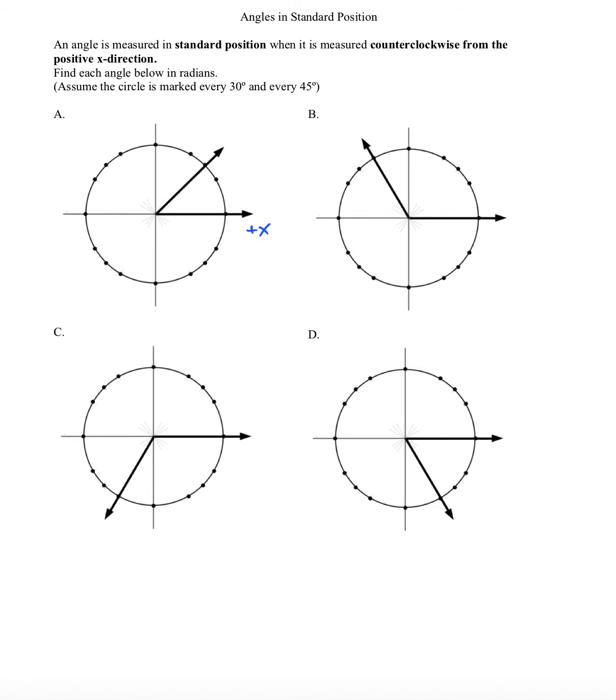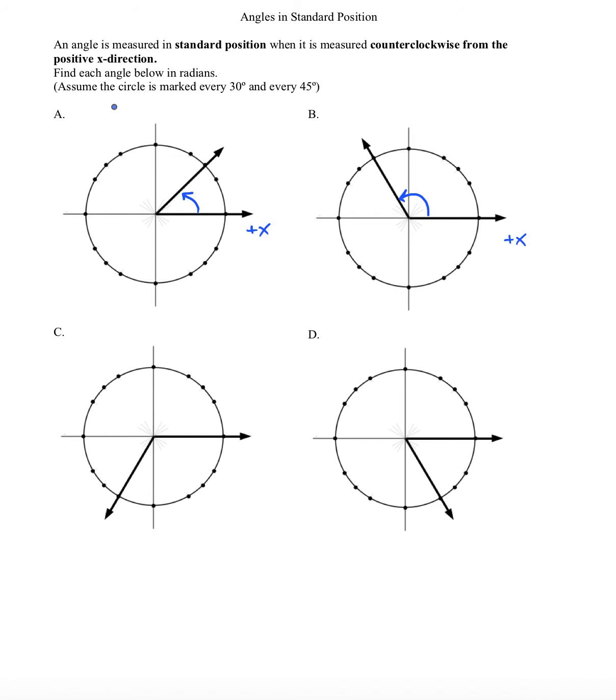So in order to do the standard position angle measurement, all we have to do is see how much rotation there has been from that point. So for this one, we'll go from the positive x direction to that terminal ray. And we'll do the same thing here, and we would do the same for all the others.